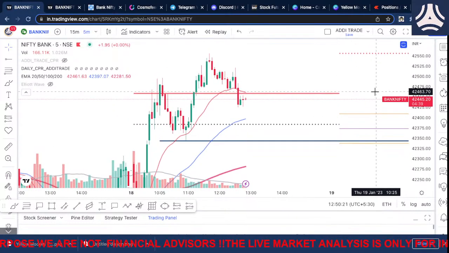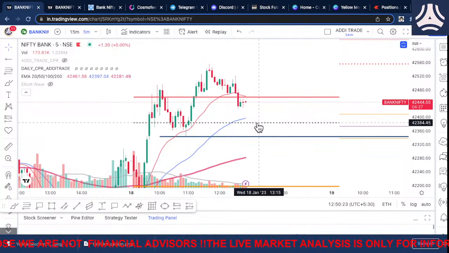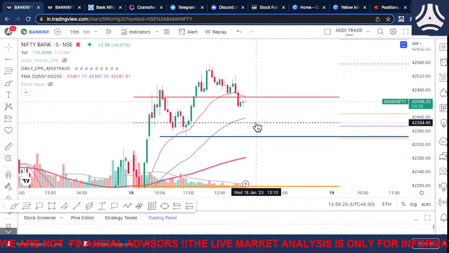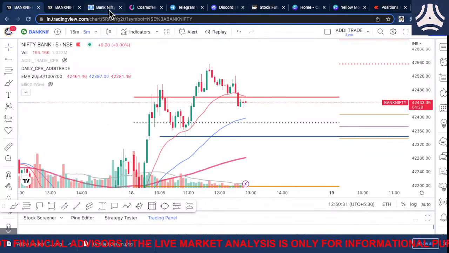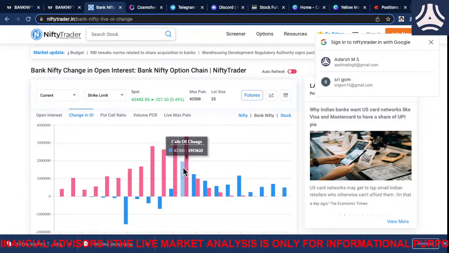Maybe by the time we get some confirmation, if this downtrend continues, the market would have slipped until 42,380. Then probably this OI will change.